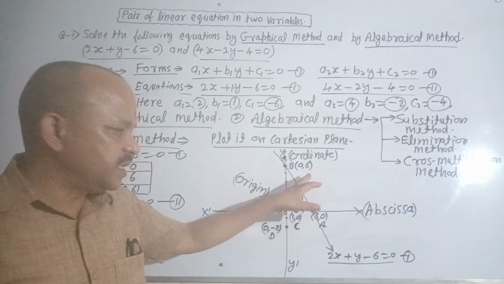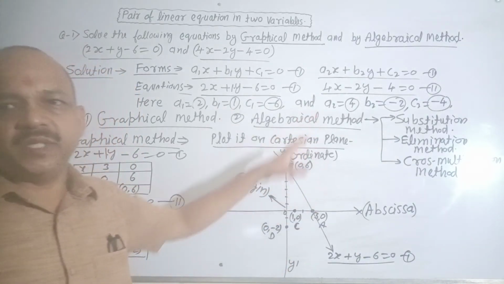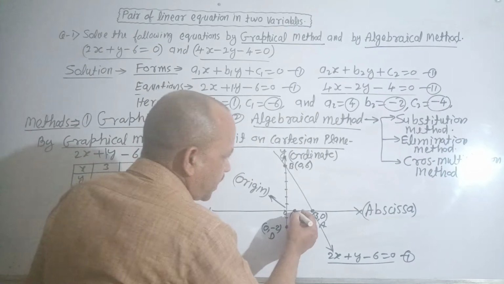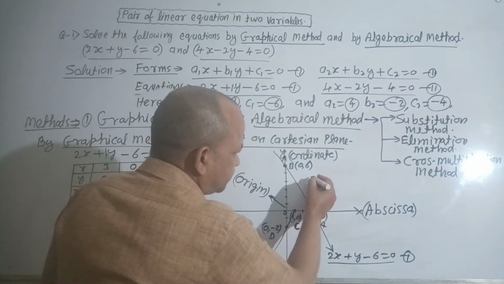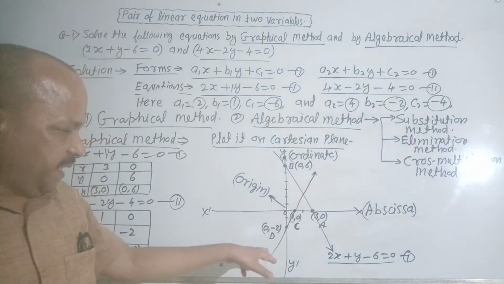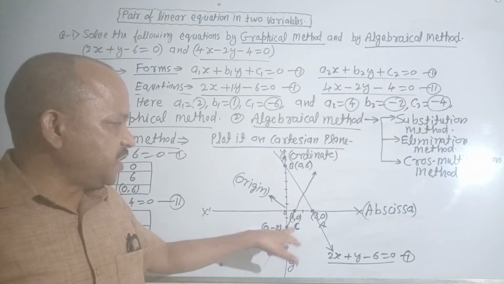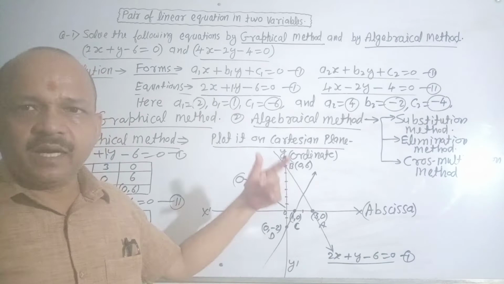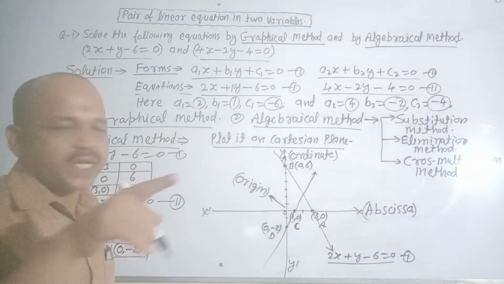Join point C and D and produce it on both sides. The line CD is according to equation second.